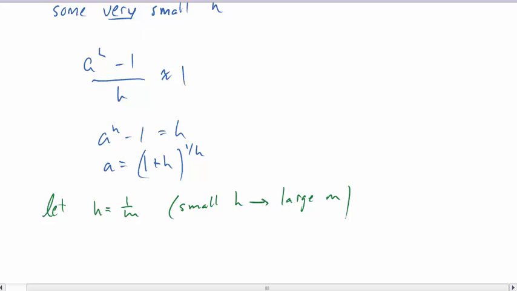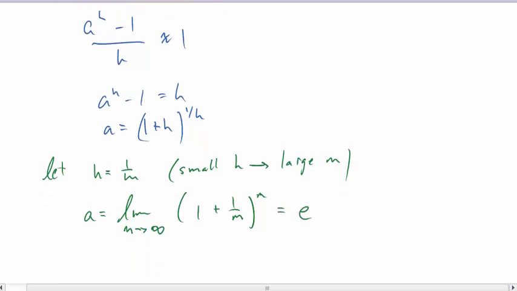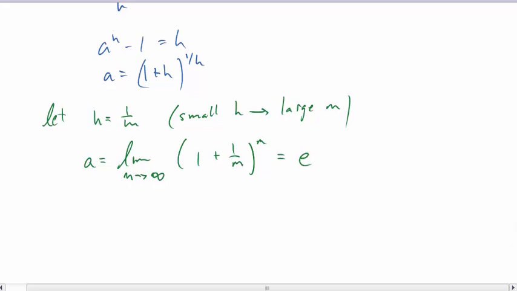And so what we have is a, the base of that exponent, is equal to the limit as m goes to infinity, because as h was going to 0, m is getting larger, of 1 plus 1 over m to the m. Well, that's the definition of e.